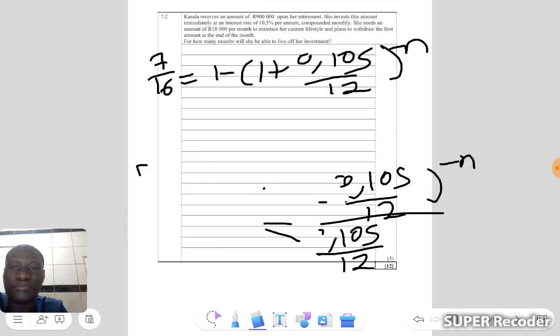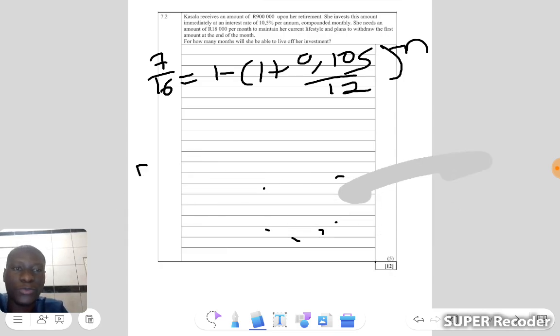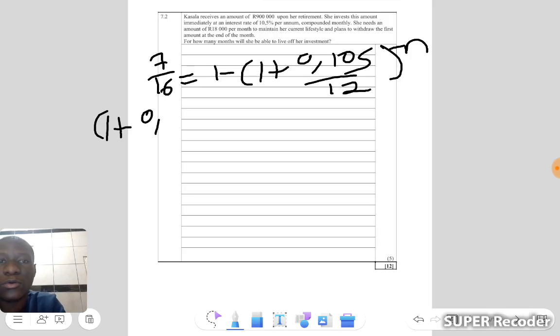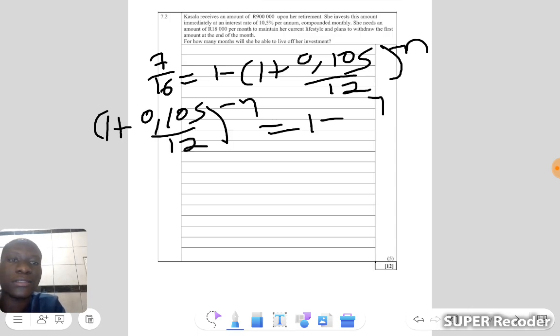Remember, at the end, what we need is the value of n, right? We take this one and change sign. It will be 1 plus 0.105 over 12 to the negative n equals 1 minus 7 over 16.